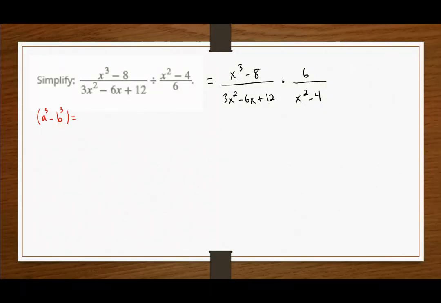So x cubed minus 2 cubed is how that could be rewritten, and the factored version is going to be a minus b, a binomial, and then a squared plus ab plus b squared. Anytime you have a difference of cubes, we can factor using this special product rule, which means my numerator would give me x minus 2 times x squared plus 2x plus 4.